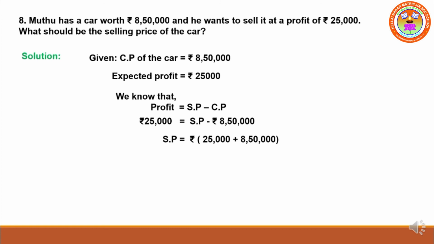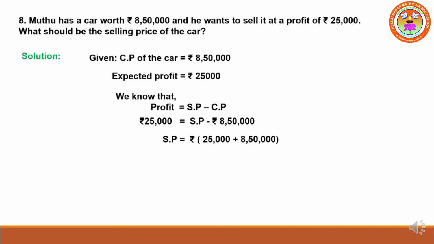So now we are going to add these two. Yes. So SP is equal to 25,000 plus 8,50,000. Why it is like this? Because when I take 8,50,000 to the other side of the equation, minus will become plus. Yes. So that is why we are adding 25,000 and 8,50,000. Yes, children.